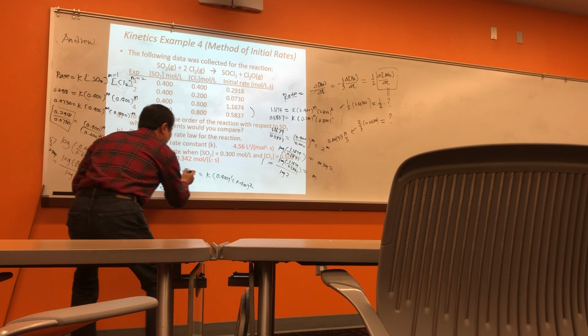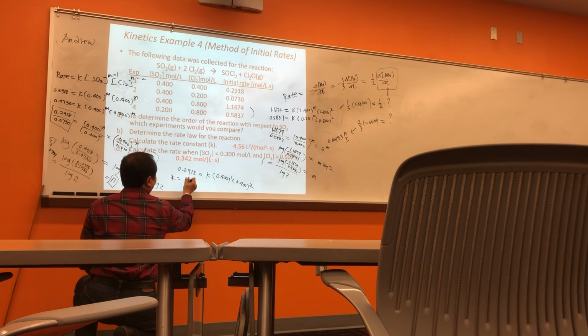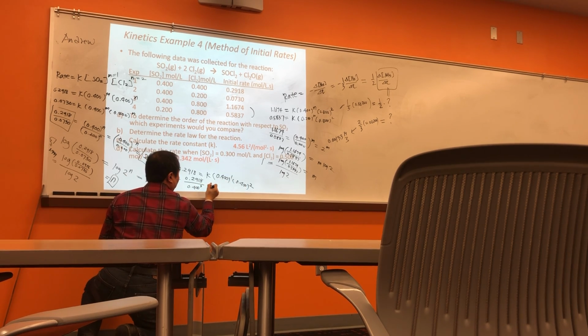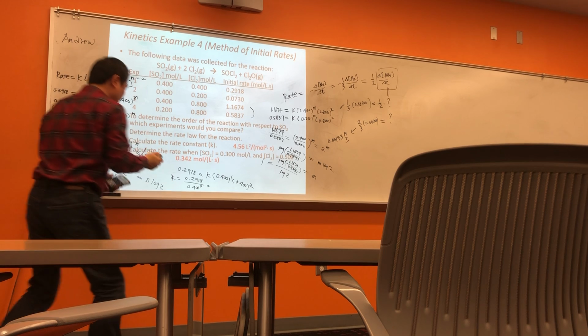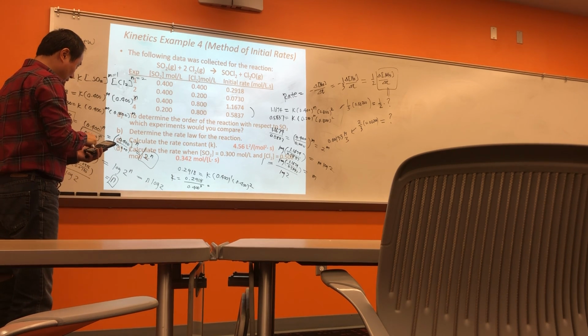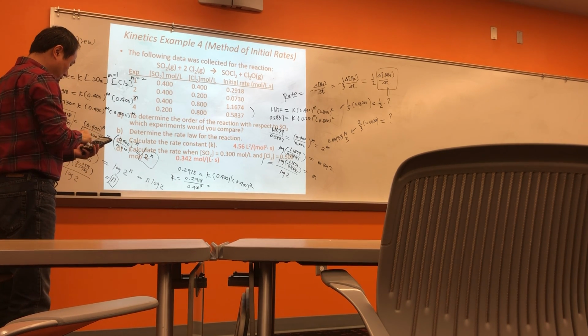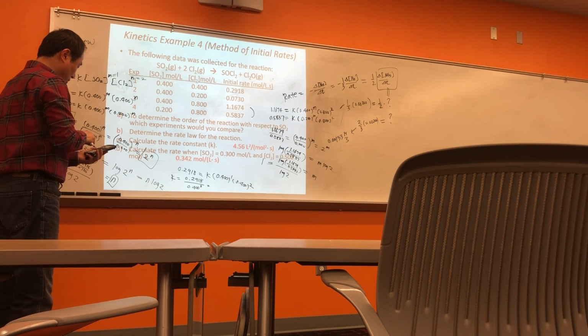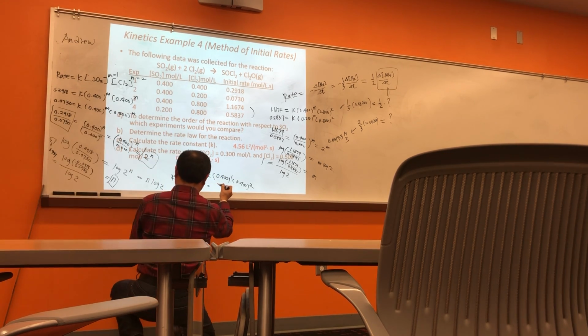So my k is now just 0.2918 divided by 0.400. That will be q. So if you do this, 0.2918 divided by 0.4, I got 4.56.